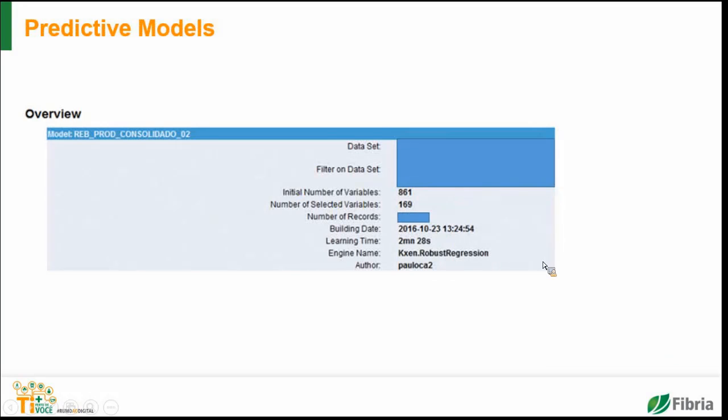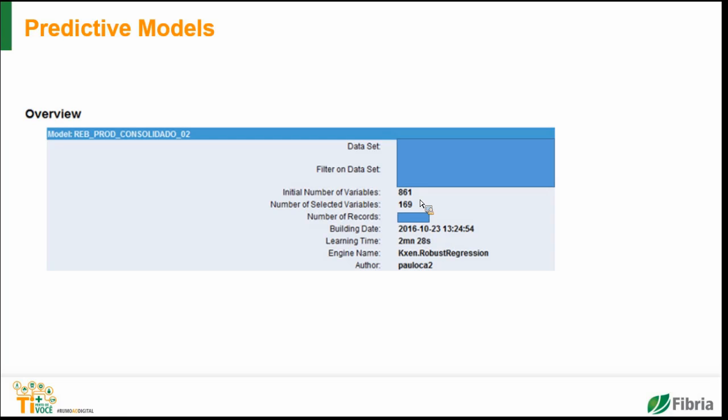So, seeing the screen of the model at the end, you can see that we have the filters of the data set that here we cannot show. And the initial number of variables in this model, for example, you can see that we have 861 variables.